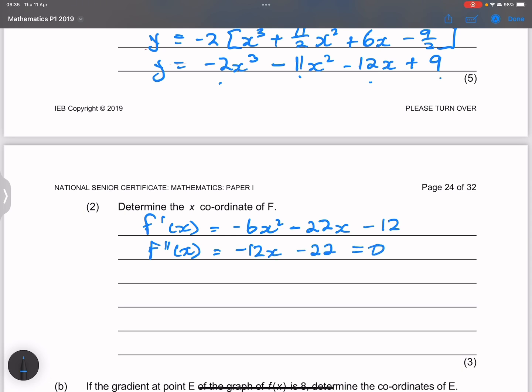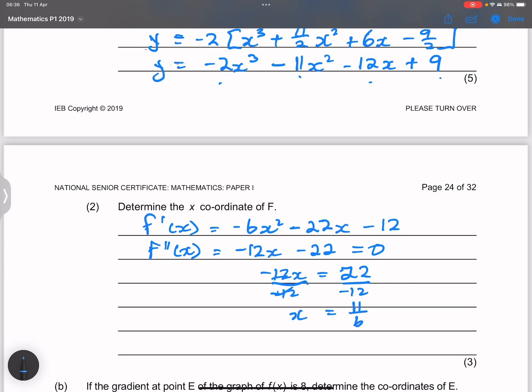Okay, minus 12x is equal to 22, and if I divide that by -12, so x would be equal to, all right, what is 22 over 12? That would be 11 over 6, isn't it?